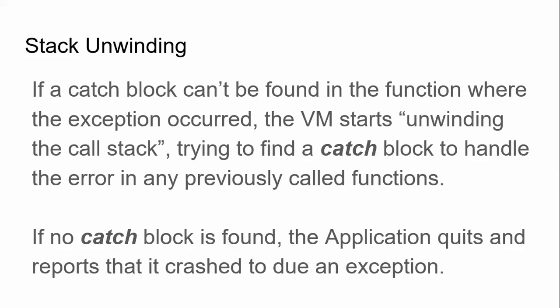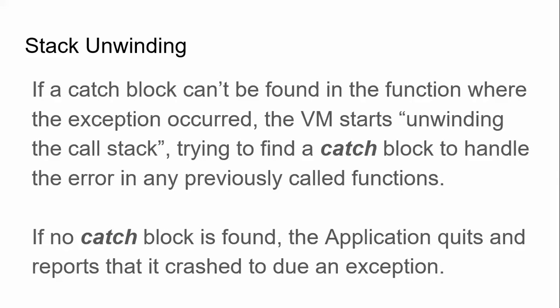It will start unwinding the system of call hierarchies that occurred, looking for a catch block that can handle that exception. And if it bubbles all the way back up to the top level and still can't find a catch block, then the program will crash out to the command line and print out information about the exception that occurred. But what we're trying to do is prevent that from occurring.